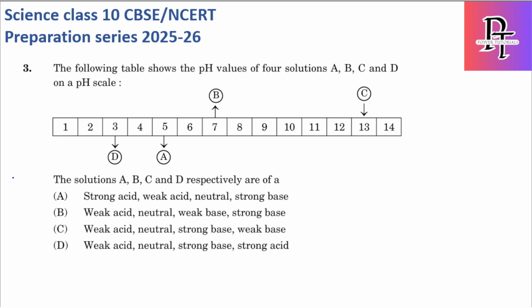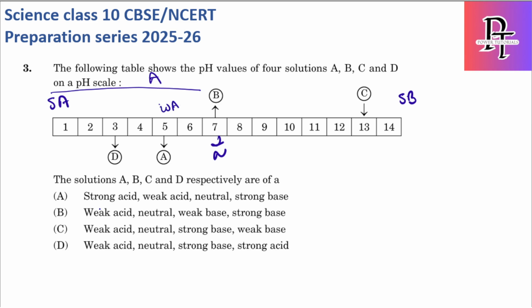The following are pH values of A, B, C and D. On the pH scale, if you remember, 7 is neutral, this end is strong acid and this end is strong base. Let's see the first one. A is 5. All of these till here are acidic, and 5 and 6 are both closer to 7, so this is weak acid.